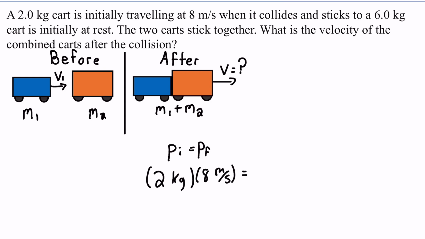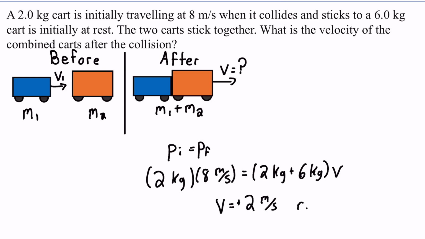And then afterwards, I'm still going to have one momentum, so I'm going to have a combined mass, which is 2 kilograms plus the other cart's mass, which is 6 kilograms. And then that's going to be times the velocity of the two combined carts. And when I solve for the velocity here, I get 2 meters per second. And all the numbers here are positive, so that velocity is also in the way the first cart was moving, which is to the right.